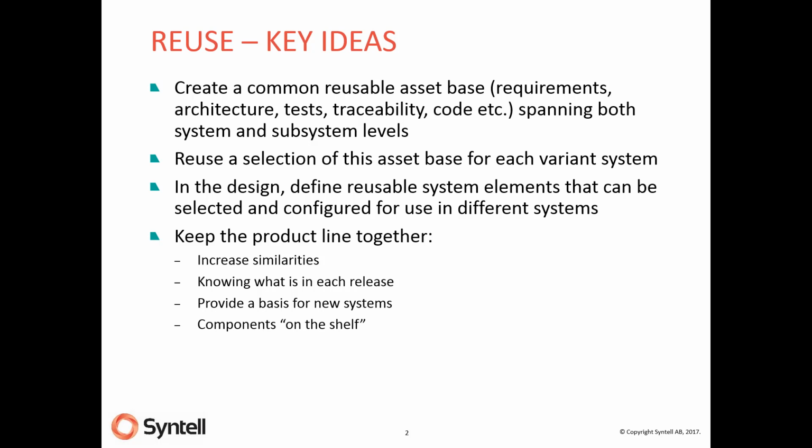As the need arises to create new variant systems, reusable on-the-shelf assets will provide a fast way to get specifications and development up and running. Also, new requirements and related artifacts will typically need to be added for the variant system. This means extending the product line with new features that will then be available for other variant systems.